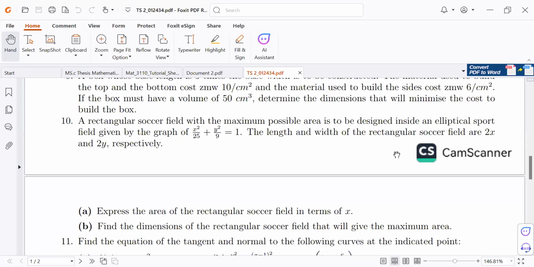So you have the length 2x and the width 2y of the rectangular soccer field, that is to be designed inside an elliptical sports field. Given that, express the area of the rectangular soccer field.